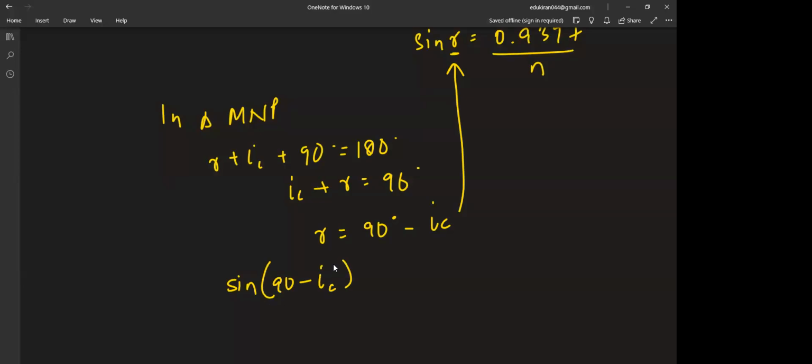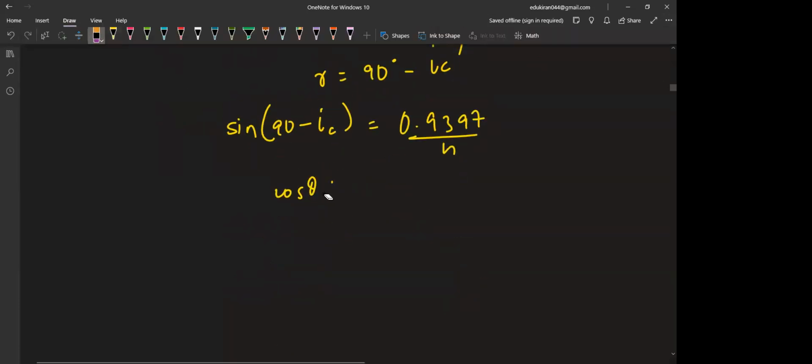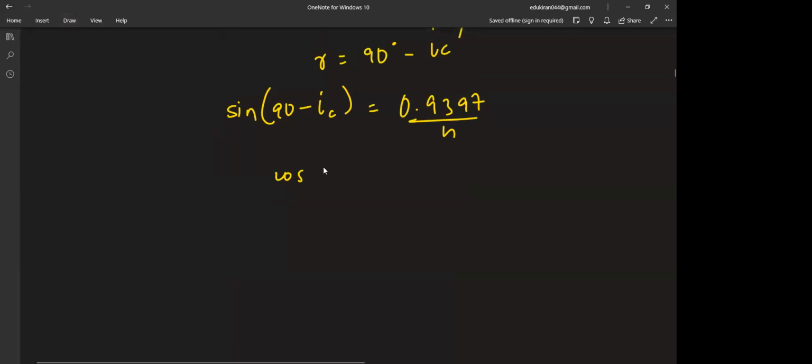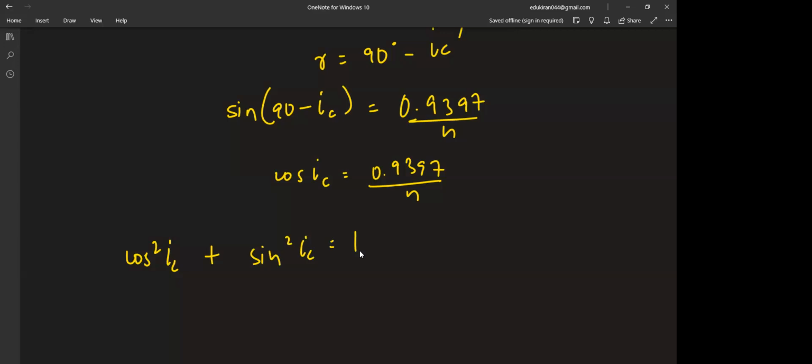Because sine R, and R is this, is equal to 0.9397 divided by N. Class, sine of 90 minus theta is equal to cos theta. That is cos IC. So this is equal to cos IC, which is 0.9397 by N. Now see class, cos square theta plus sine square theta is equal to 1.